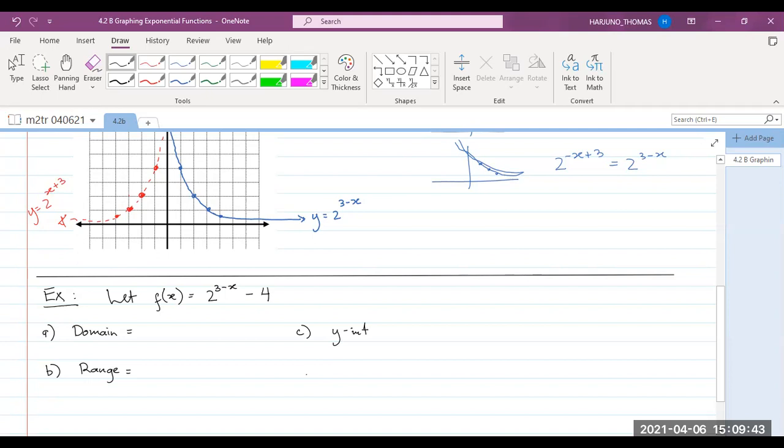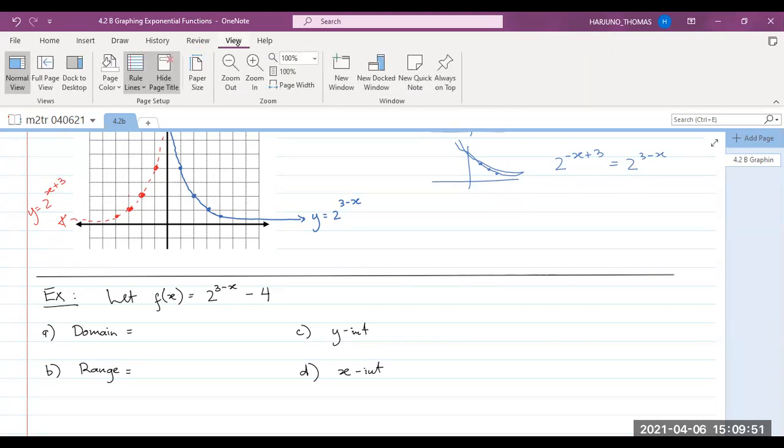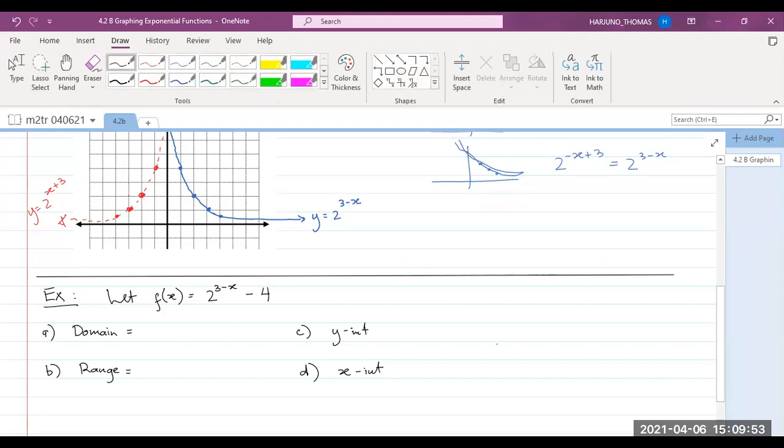How about the x-intercept? And how about the asymptote? Before we actually graph it.